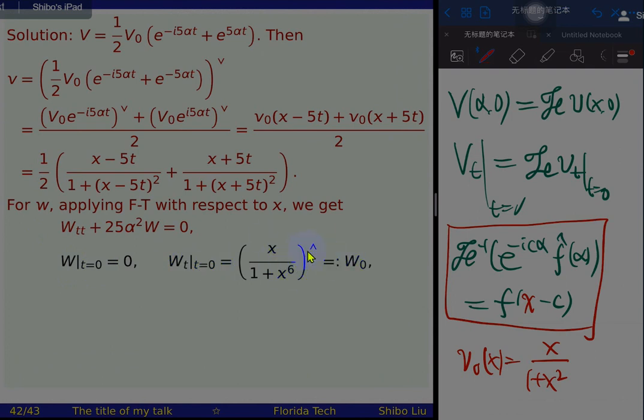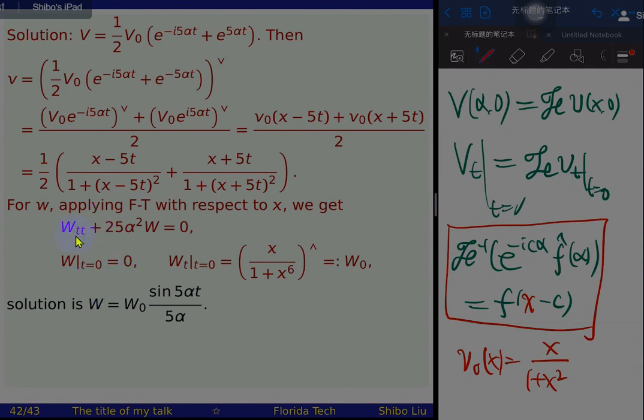Of course, we don't need to compute the Fourier transform of this initial displacement. We simply denote it by capital W0. Then this can be solved. This time we don't use the complex exponential. We simply use sine and cosine to express our solution for this initial value problem.